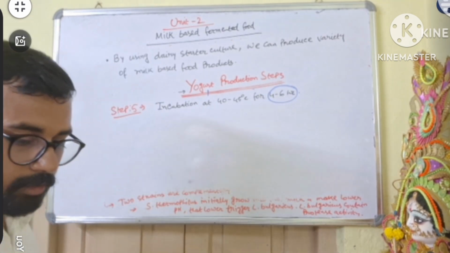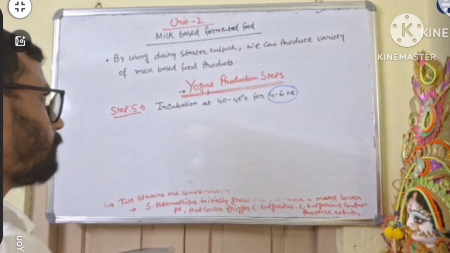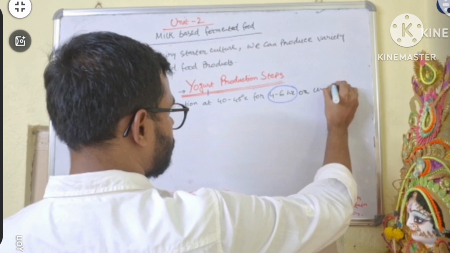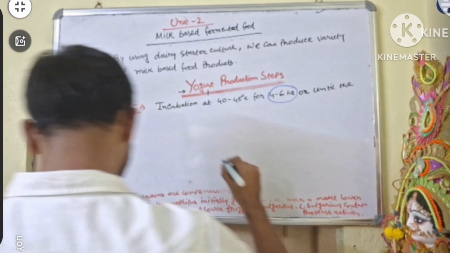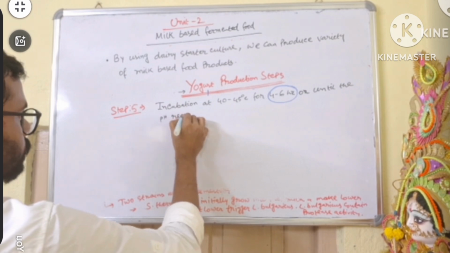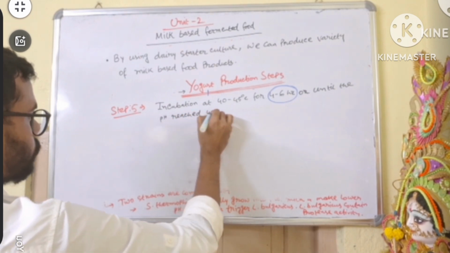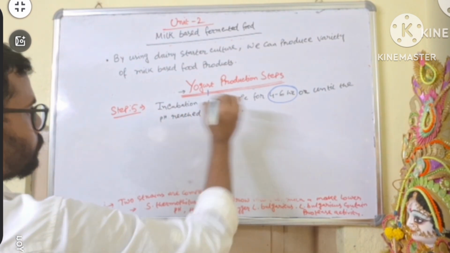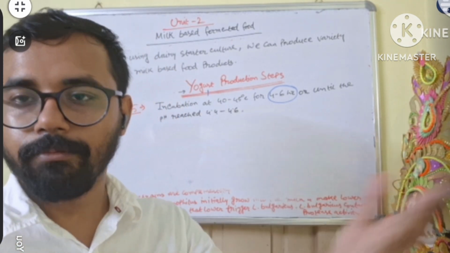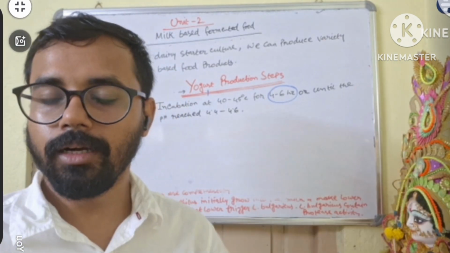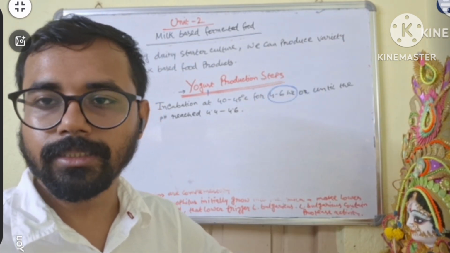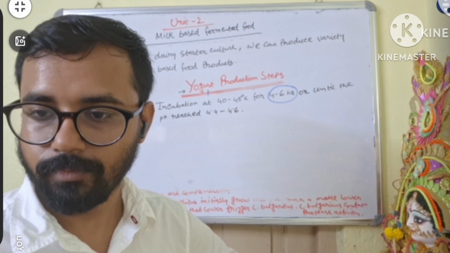Or we can also maintain not the time but the pH, until the pH reaches 4.4 to 4.6. If you allow more time, that means 8 to 10 hours, the pH becomes lower, but there is more sourness, not good for the taste.